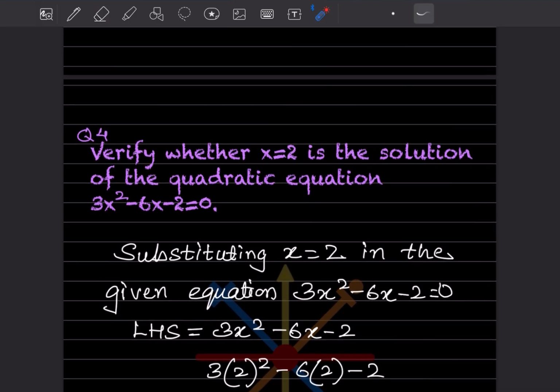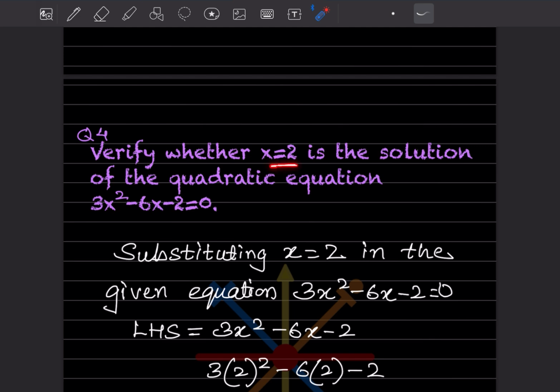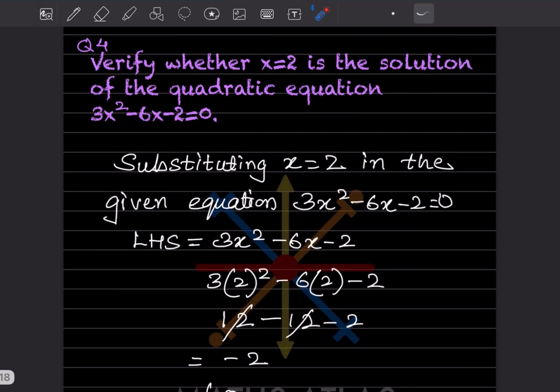Now here, verify whether x is equal to 2 is the solution of the quadratic equation. This is the equation. So again, here we are going to do substituting x is equal to 2 in the given equation. This is the equation given already here. So again, we will see this is the left hand side and this is the right hand side. So now let us take the left hand side. Wherever you see x, you are going to put the value as 2.